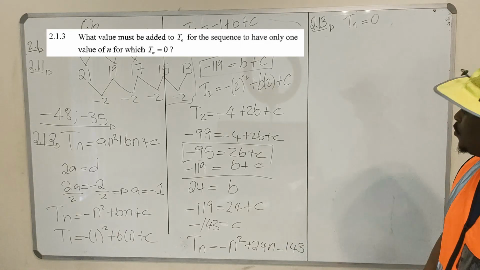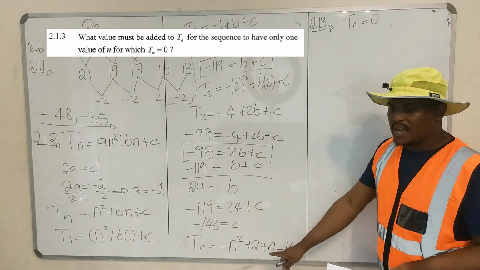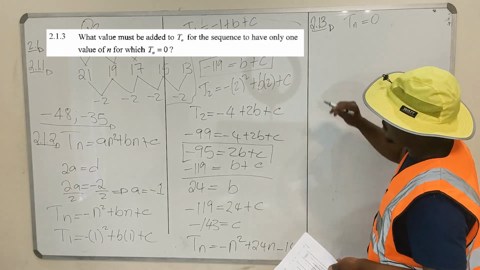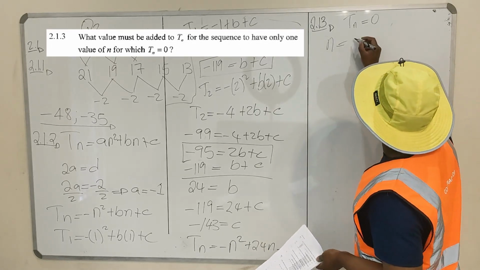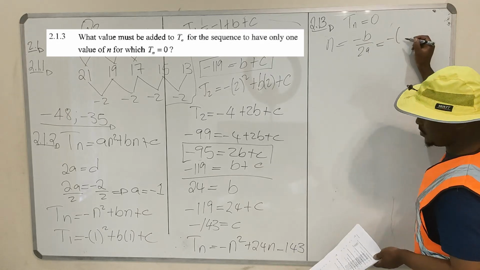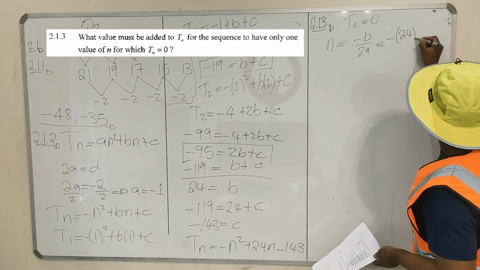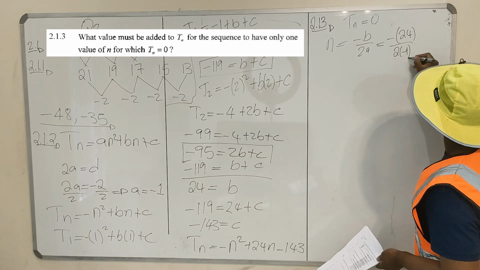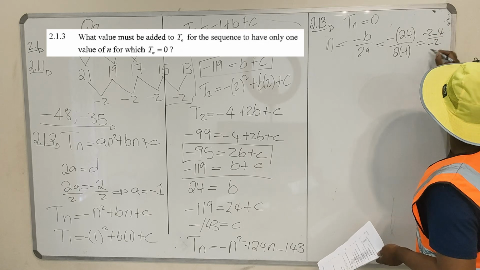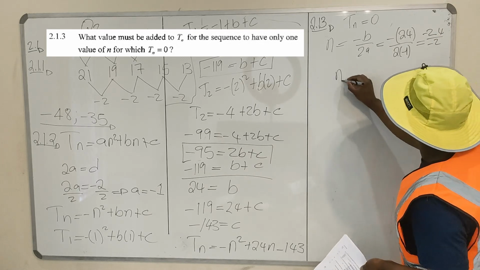Okay, so now, let's go and find the maximum of this sequence, right? Yes. So what do you say? N is equal to negative B over 2A. What is your B? 24. 24 over 2 into minus 1, which is negative 24 over negative 2, so N is equal to 12.